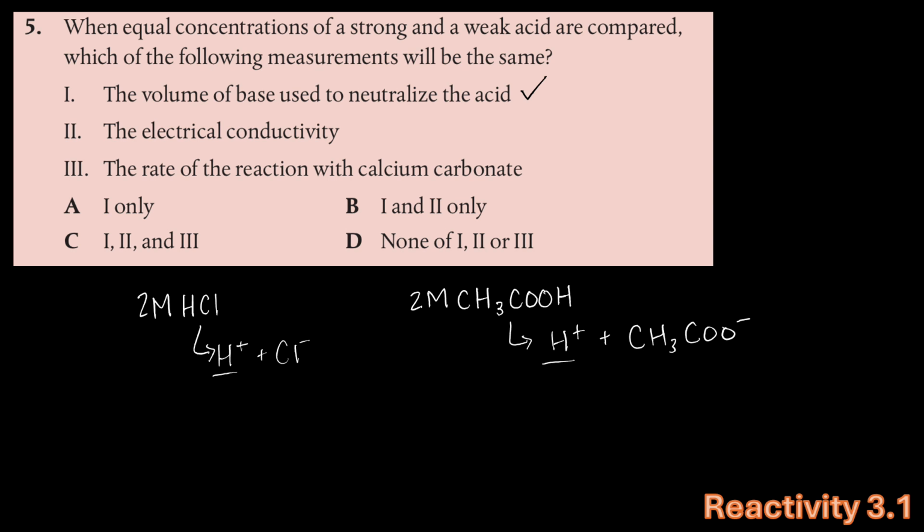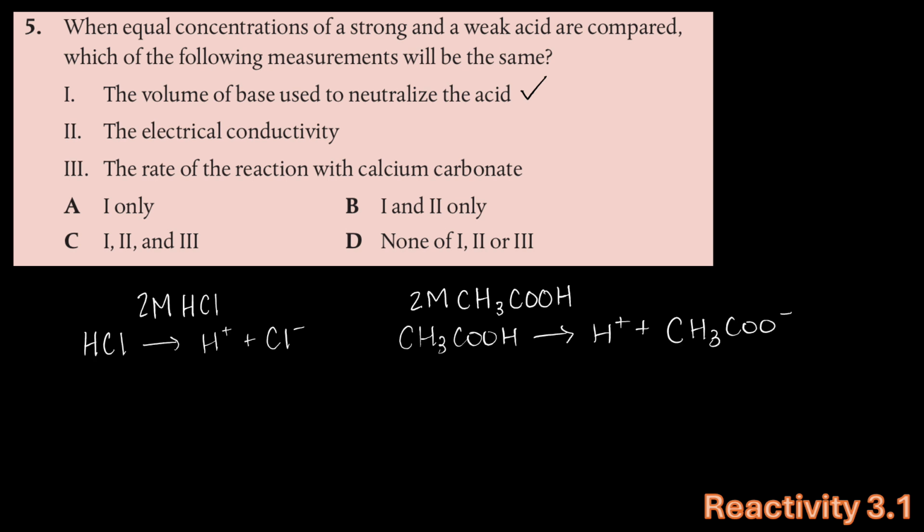Number two says the electrical conductivity. Now, we already discussed what happens when you dissolve these acids in water. It's going to separate the proton from the anion. Now remember, the definition of a strong acid is that it completely dissociates or ionizes in water.